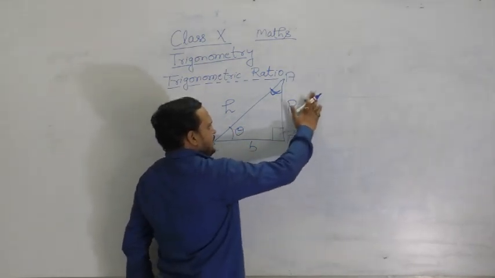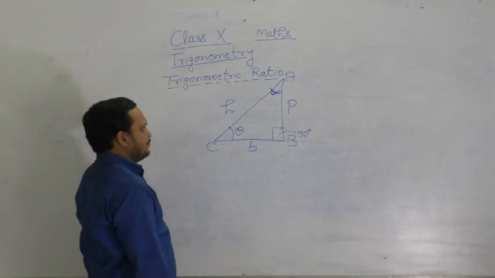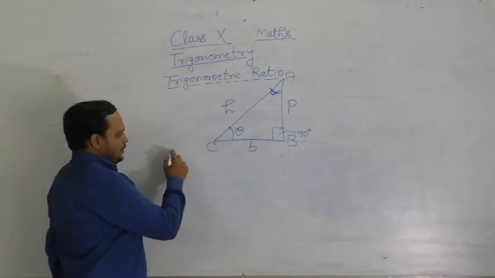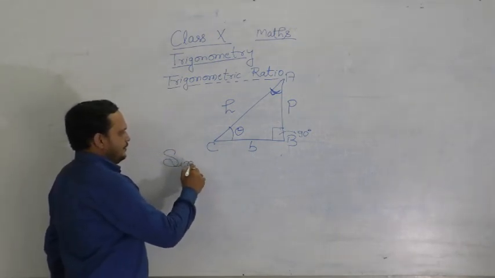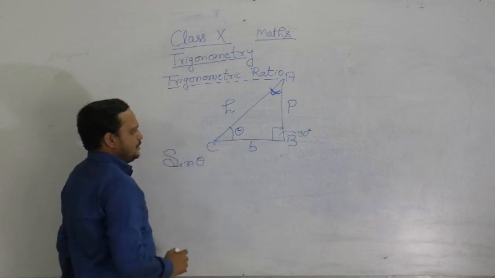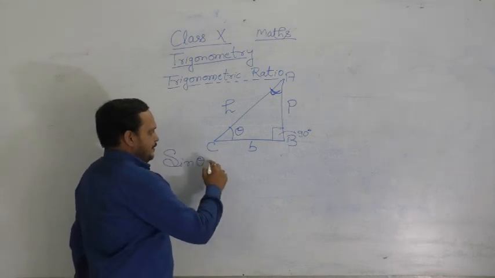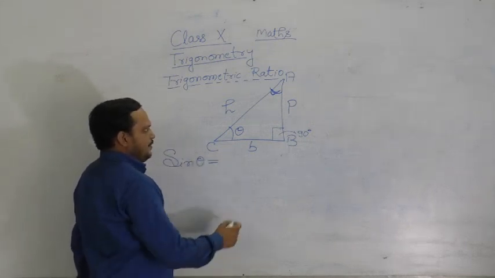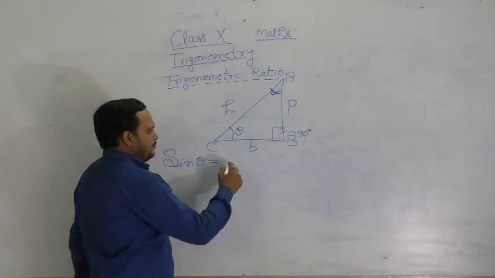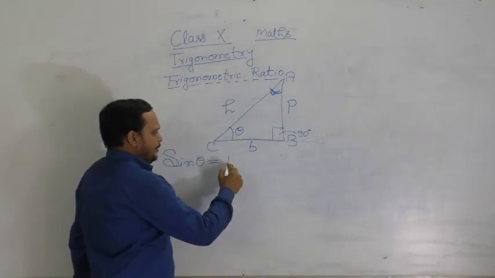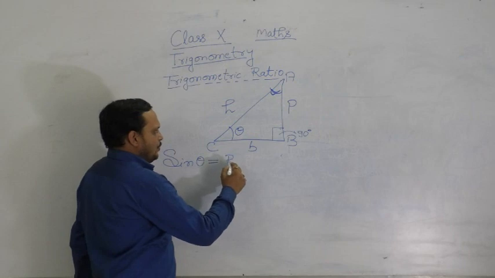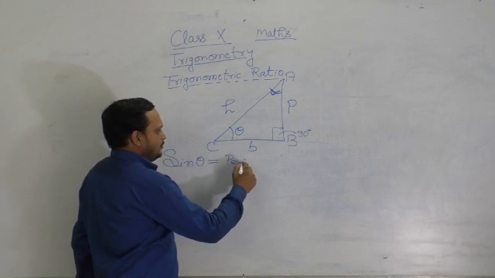Let's see the different ratios for angle C. The first ratio is sin theta. Sin theta is the ratio between perpendicular and hypotenuse.